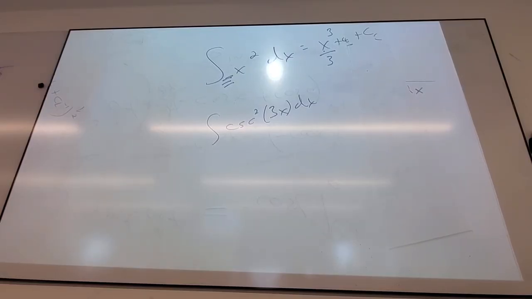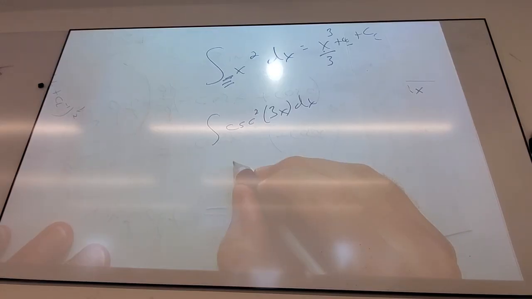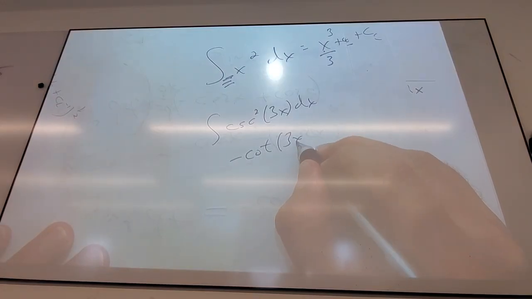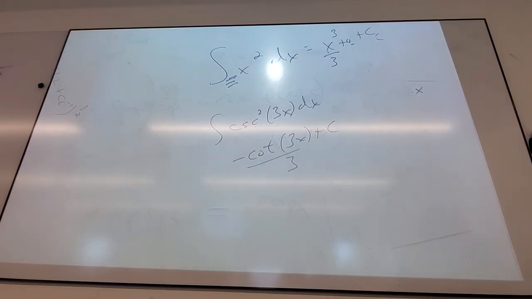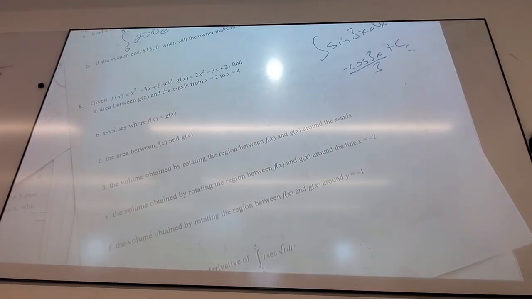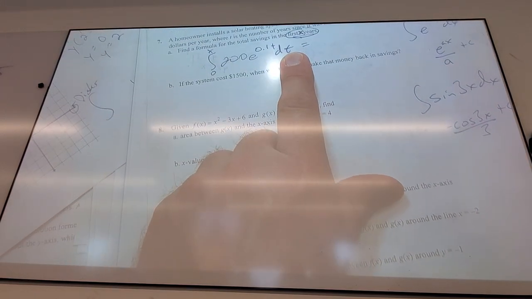What do you take the derivative of to get secant squared? So what do you take the derivative of to get cosecant squared? Close. Negative cot. Why is that not the answer? Divide by 3, because you've got to kill the 3 that would come out. Okay.